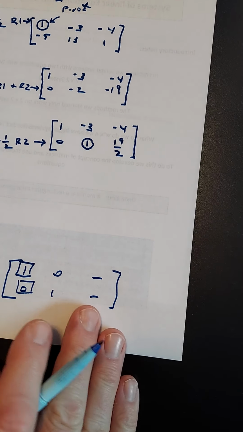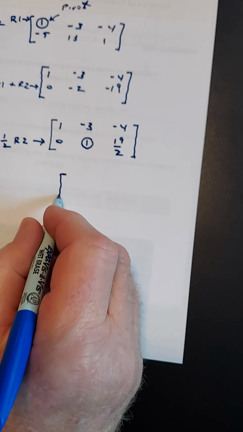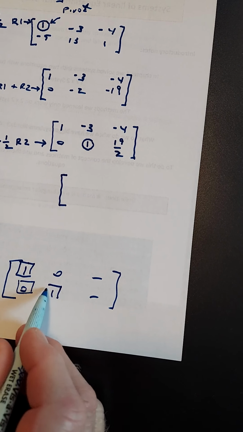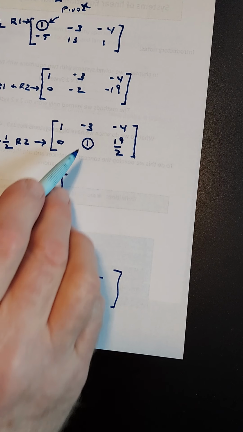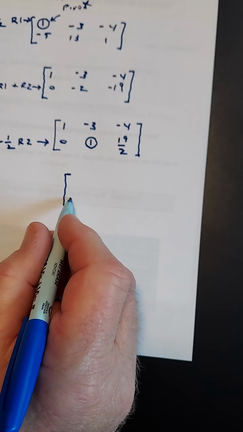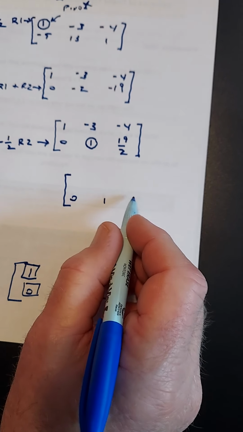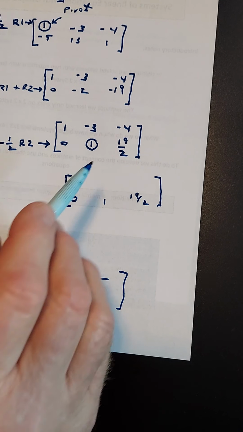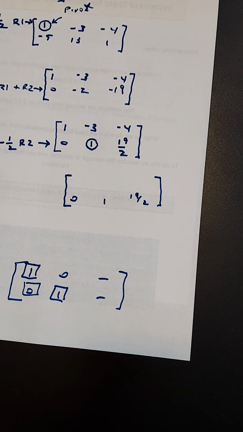Okay, one last step. Because I've got the 1, the 0, and I got the 1. The only thing left, I got to get a 0 where the -3 is. So on this one, I'm not going to change the bottom row, so it stays the same. Matter of fact, if you're pretty smart, you realize y is going to be 19/2. To get a 0, what did I say?